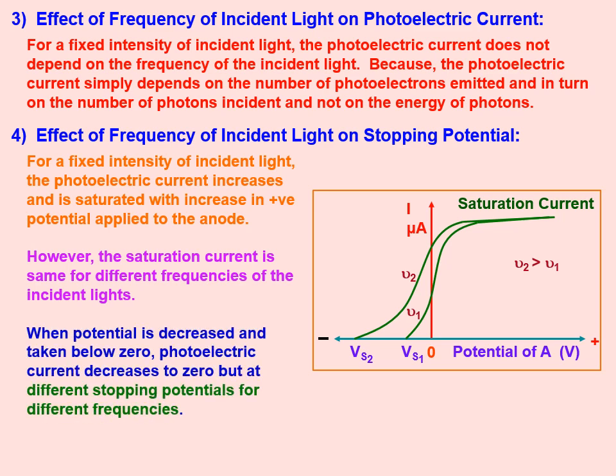So we can say when potential is decreased and taken below zero, the photoelectric current decreases to zero, but at different stopping potentials for different frequencies. So we can conclude that the higher the frequency, the higher the stopping potential, or we can say the stopping potential is directly proportional to frequency.